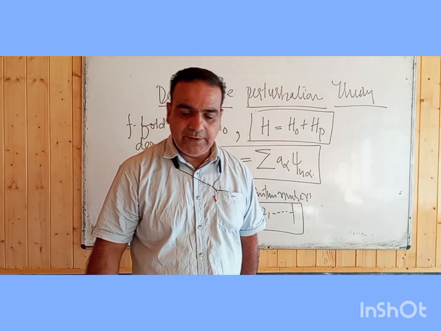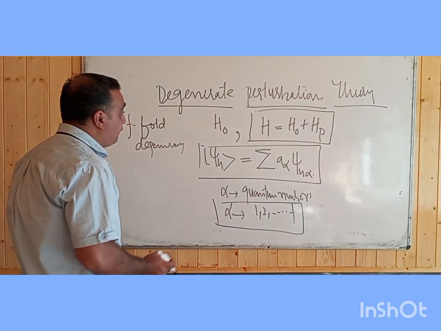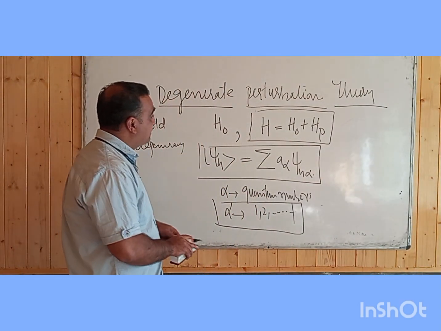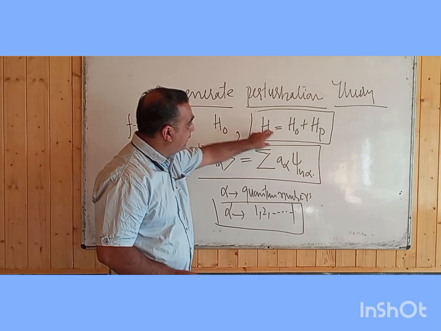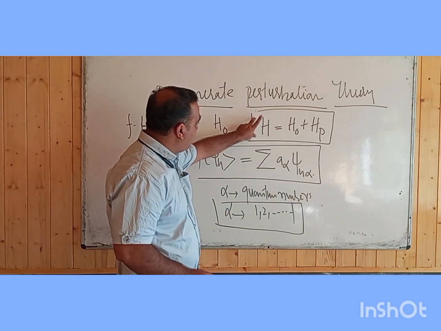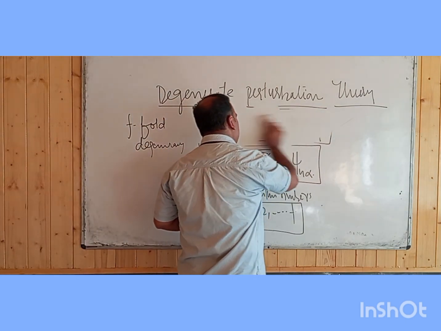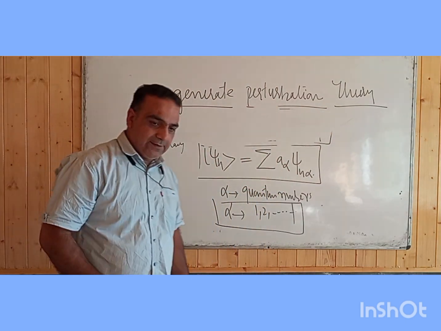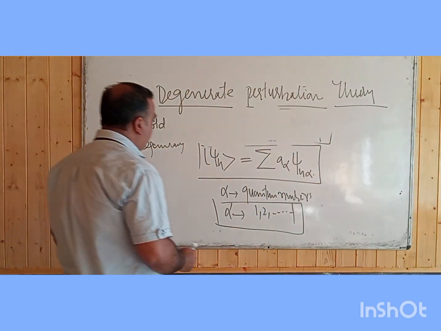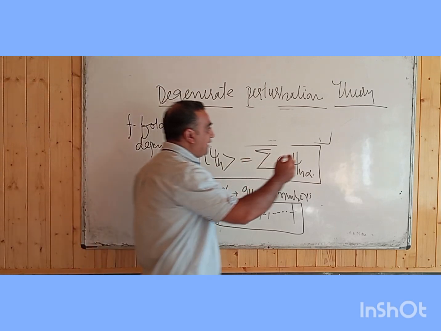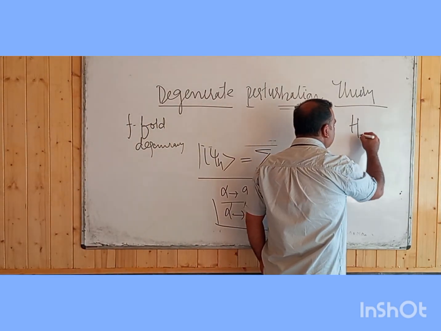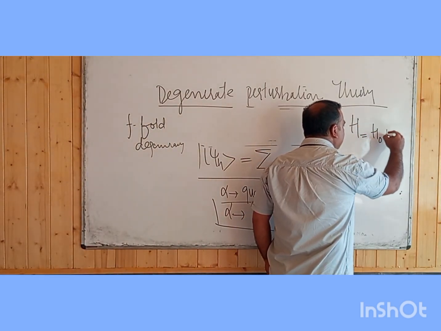Now, to move on from here, for the total Hamiltonian, H is H naught plus HP.